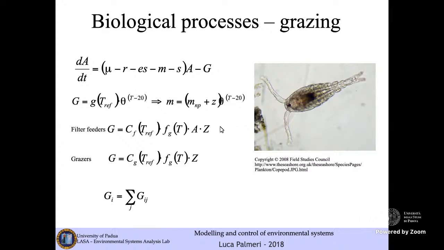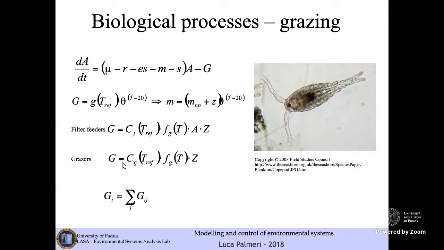So in this case, the quantity of algae taken away by the filter feeders is proportional to the quantity of filter feeders or zooplankton present and proportional to the concentration of the algae in the flowing water. This is the case for filter feeders.